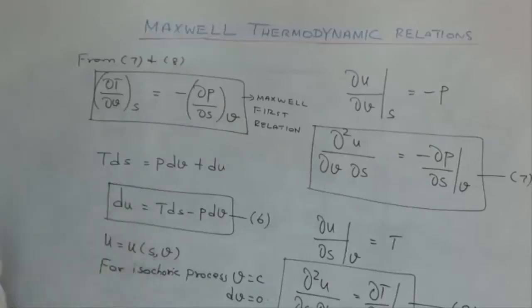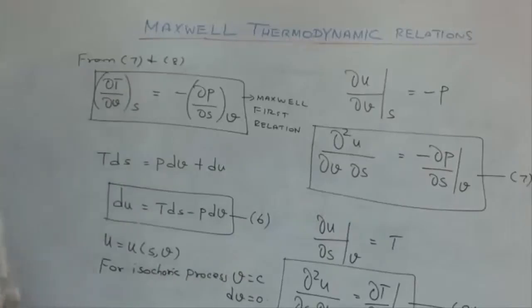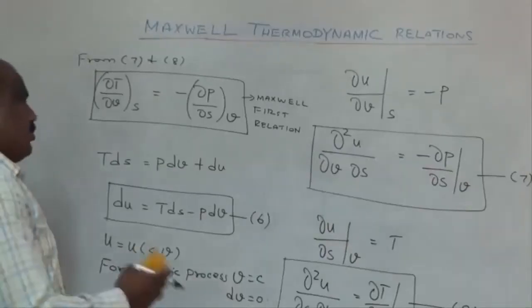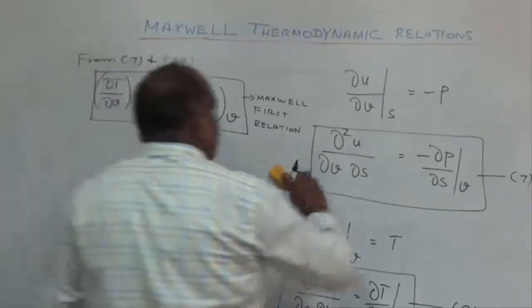Let us move to the second one. This we derived based on the first law of thermodynamics, Q equal to W plus delta U, by substituting for dU, Q and W. Now let us proceed with the same one for the second relationship.